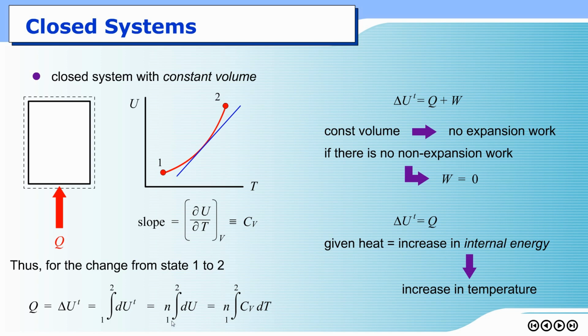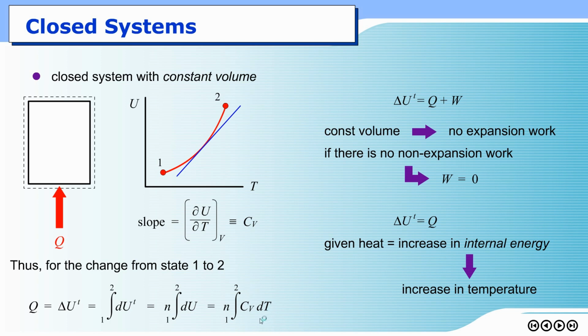So basically you can calculate the amount of heat supplied to the system so that the state of the system changes from state 1 to 2. That amount of heat can be calculated based on the integration of CV dT from 1 to 2.